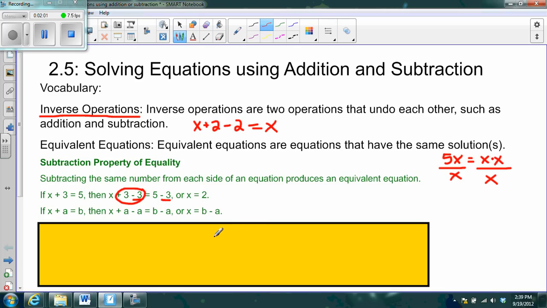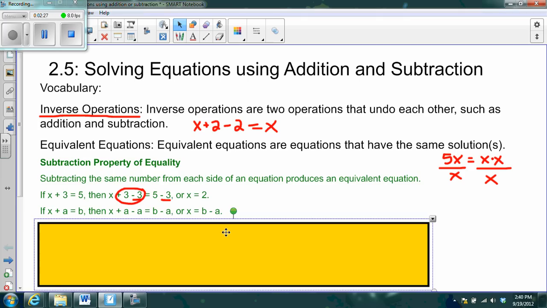So we've now solved for x because we got x alone by using the inverse to cancel out the 3. For example, x plus a equals b. If we subtract a from both sides, then we get x equals b minus a.